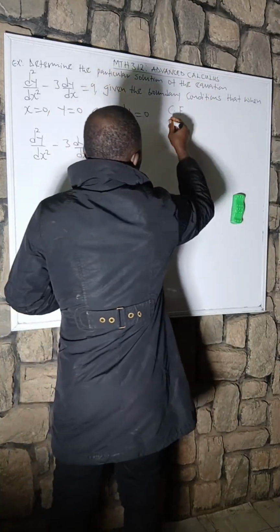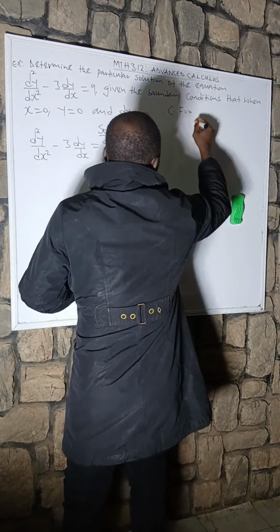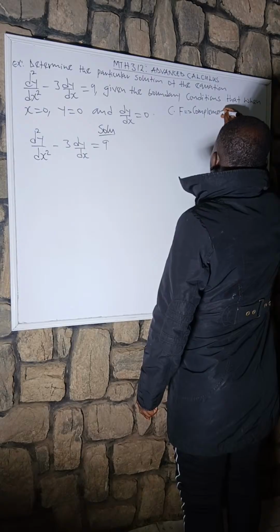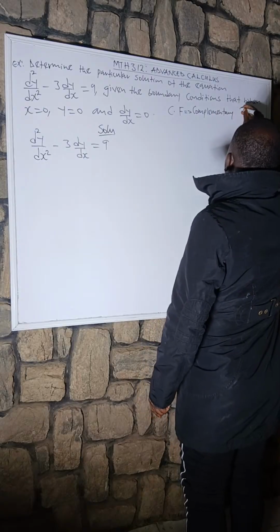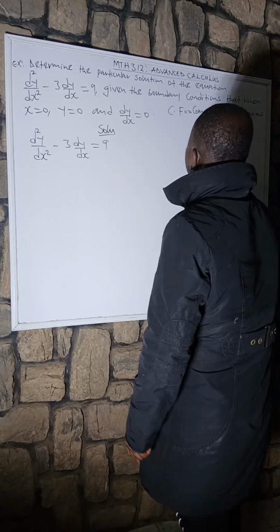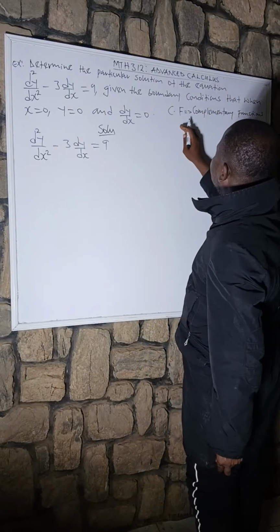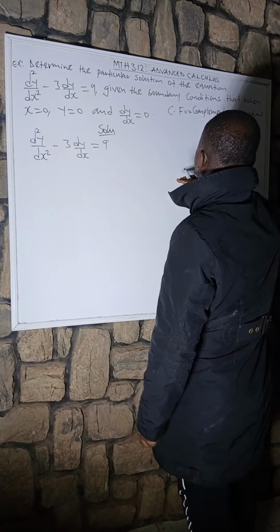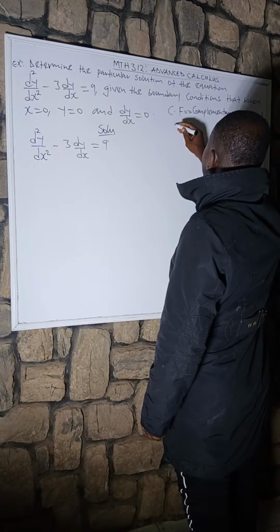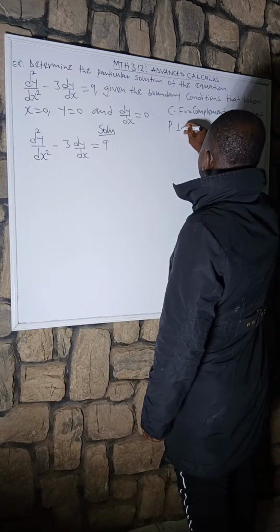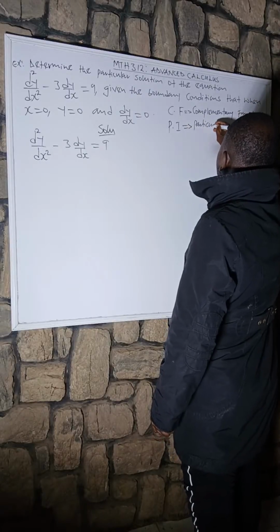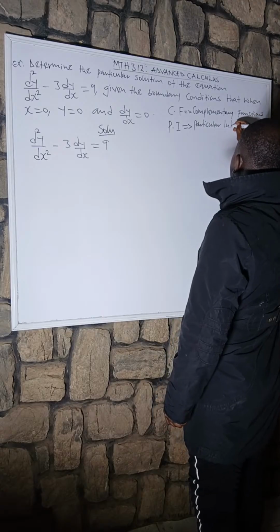CF means complementary functions. Then we are going to consider the PI. PI implies particular integral.